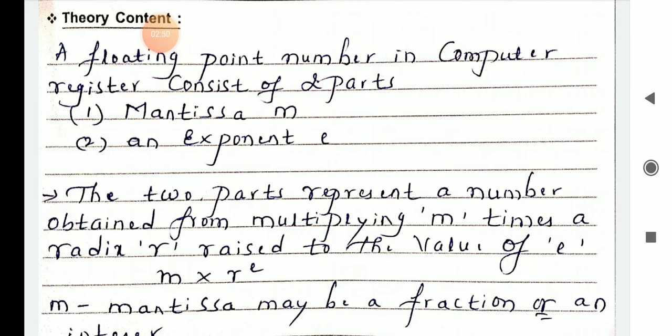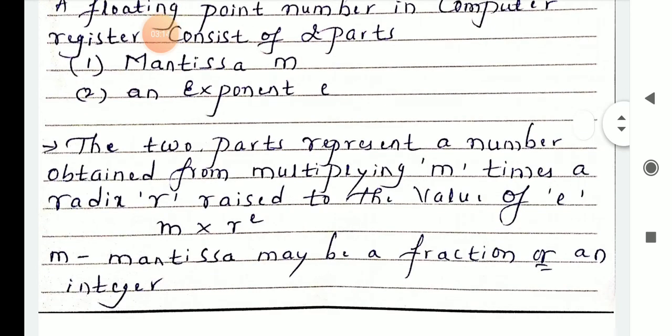Here r is the radix and e is the exponent, and you multiply by m, the mantissa. That is, m multiplied by r to the power e, m into r^e.